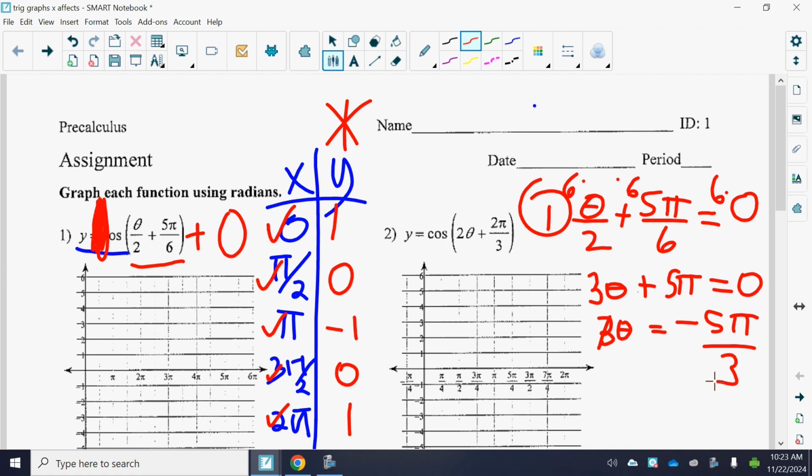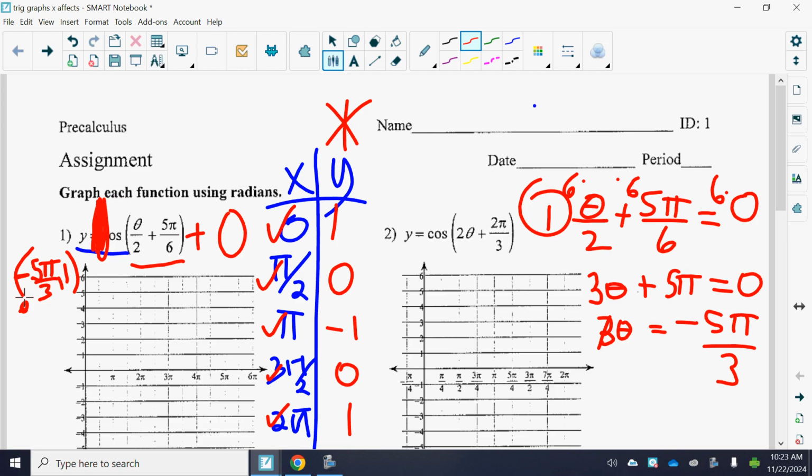We'll have to go way back to the left. I'm not going to pay attention to their scale if it's okay by you. And put that there. Negative 5 pi thirds is now the 0.